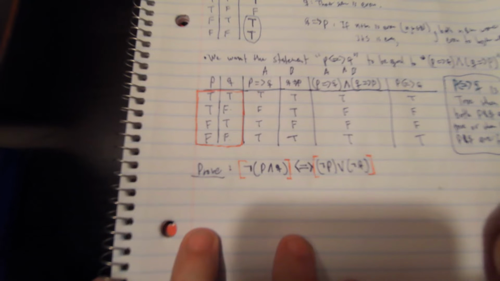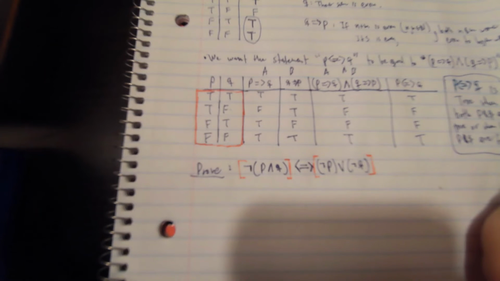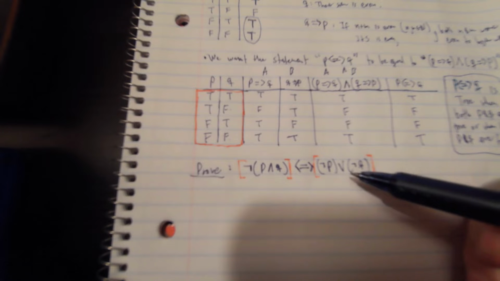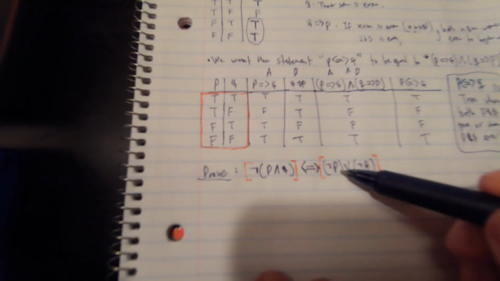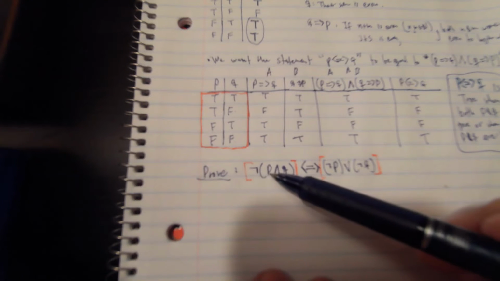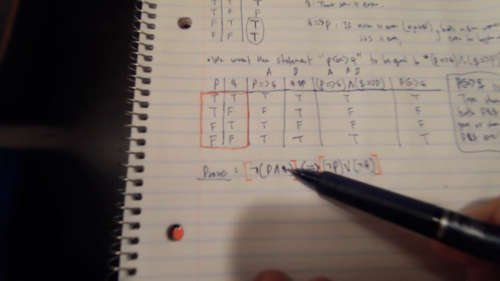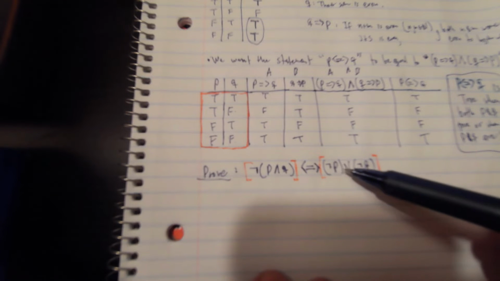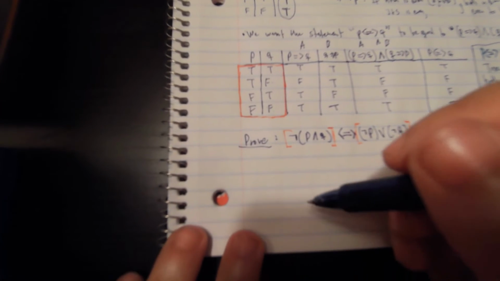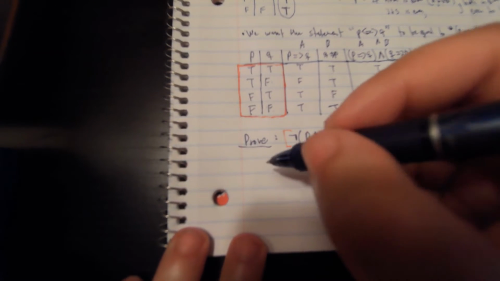Someone tells you you can only get a blue car, so the negation is you have to get something that's not a blue car. Well, according to this, you can get something that's either not blue or not a car. The negation of something that's blue and a car is something that's not blue or something that's not a car. Let it sink in your mind. But apparently I'm going to prove it, so it must be true.